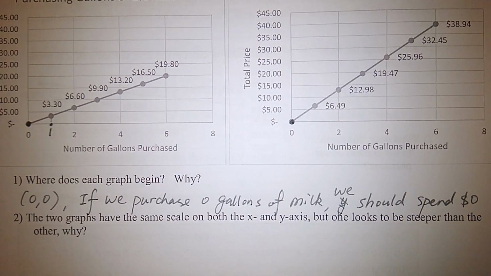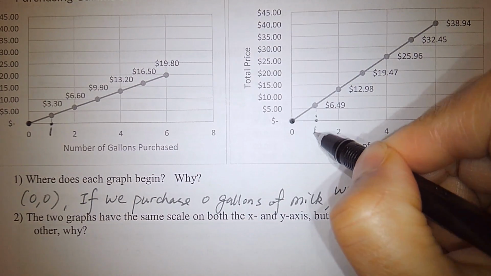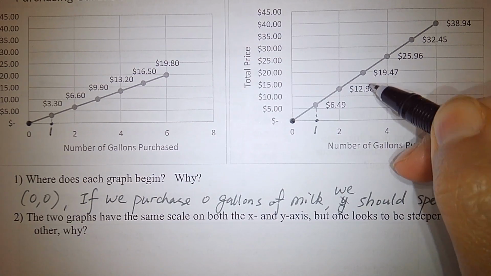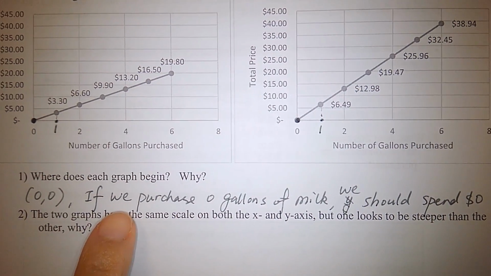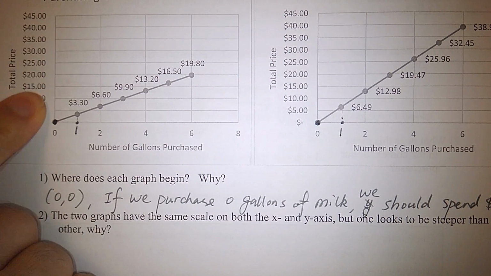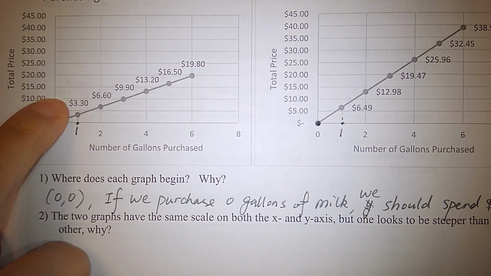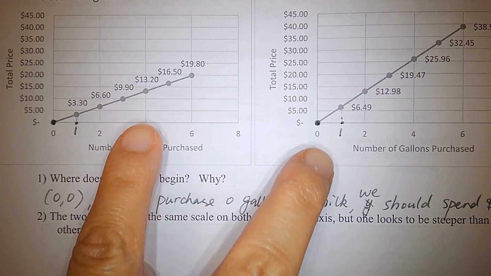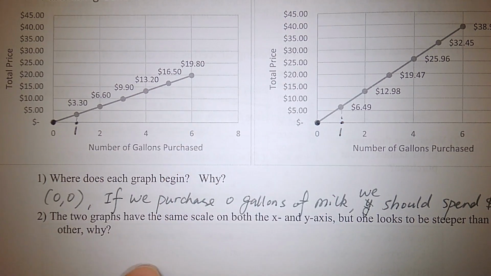Same thing here on the other graph. If we buy 1 gallon, how much should we pay? If we buy 2 gallons, how much should we pay? And so on. That's why on the vertical axis it gave us $5, $10, until $45. Same scales from both graphs.